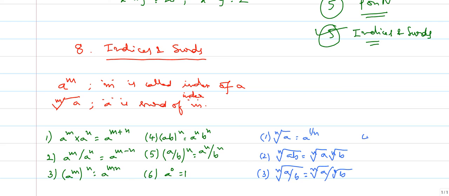Similarly, the nth root of a power n is equal to a, and the mth root of the nth root of a is equal to the mnth root of a.